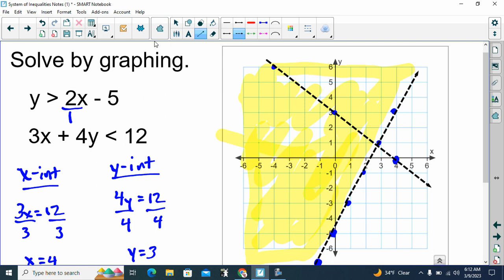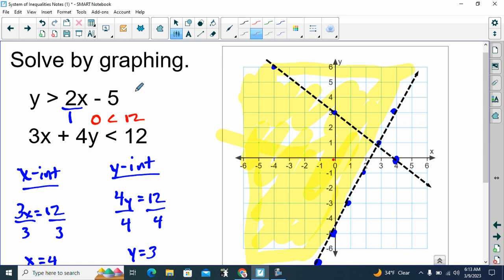And to figure out which way to shade, it is not in slope-intercept form, so we cannot just shade above or below based on what the symbol says. Instead, we use a test point. I'm going to use 0, 0. If I put 0 in for x and 0 in for y, it says 0 plus 0, 0 is less than 12.